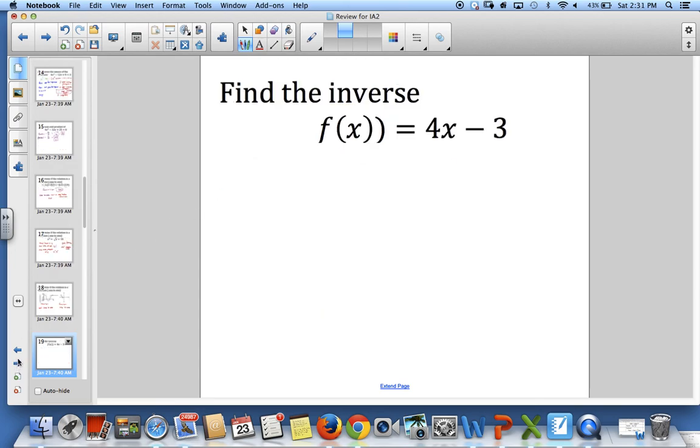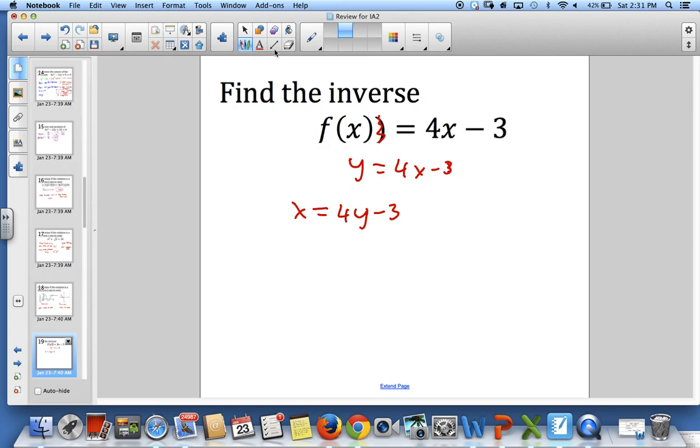Okay, next problem. Find the inverse. We switch the x's and the y's. Now this technically is y equals 4x minus 3. We need to switch the x and the y, so that becomes x equals 4y minus 3. And now to figure this one out, we solve for y.